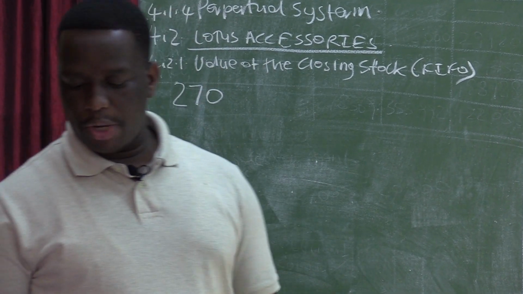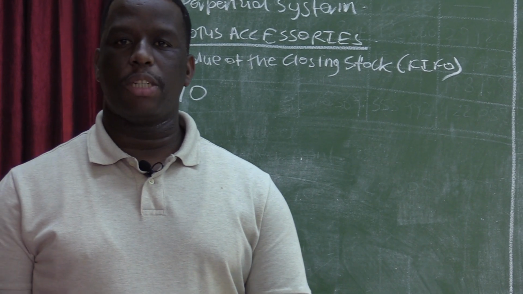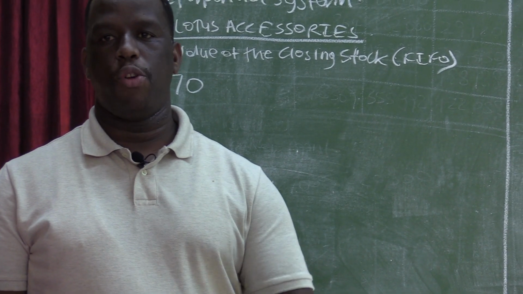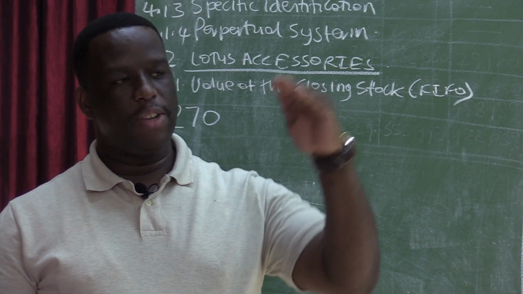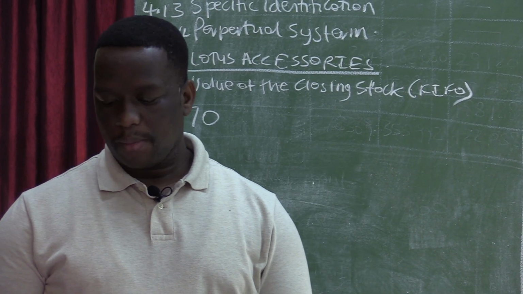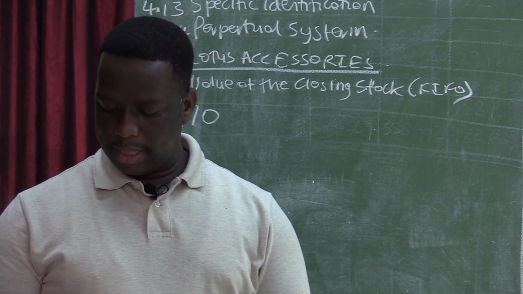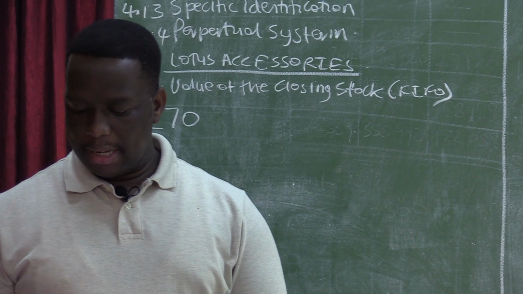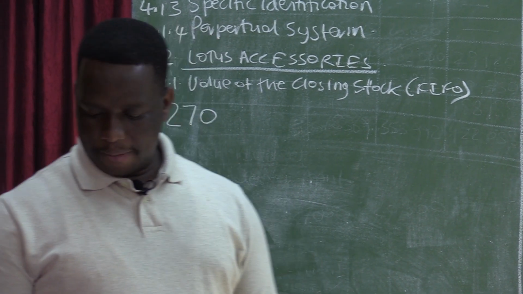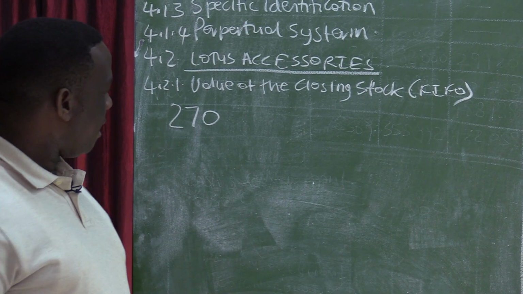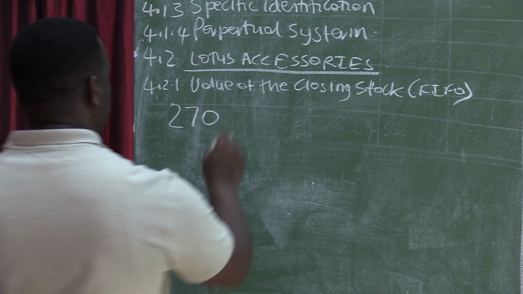Because we are selling according to the FIFO method, when you are calculating the value of the closing stock, you need to start from the bottom up. With FIFO, the older stock is sold first, so whatever is left will be towards the end. The last stock we bought was in March.